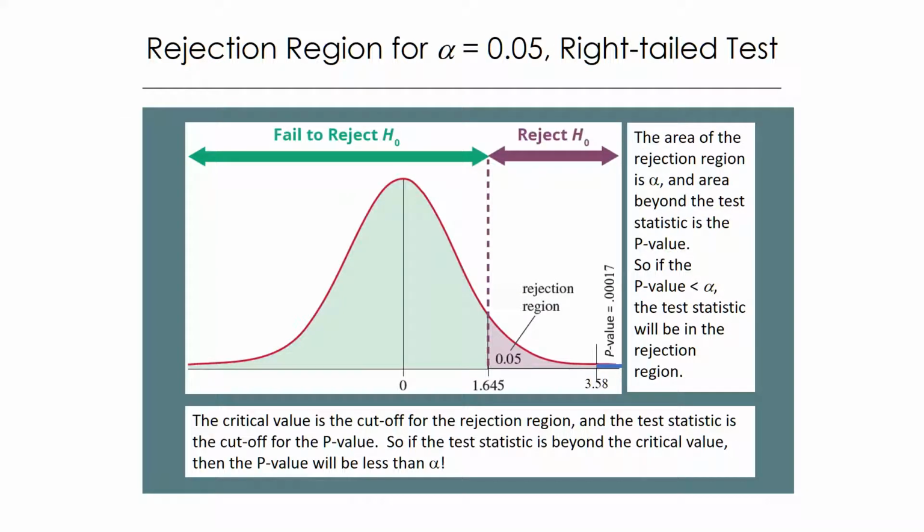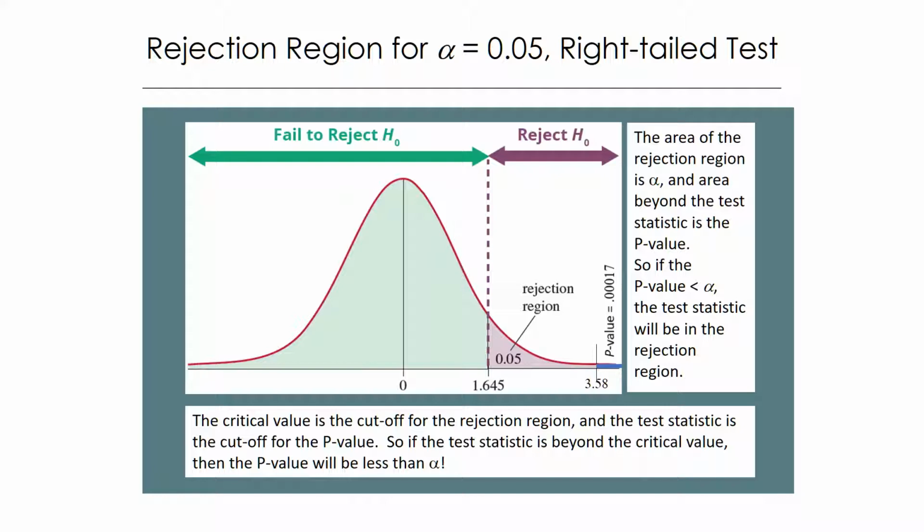Here's a picture showing this rejection region in the case that alpha equals 0.05 and we have a right-tailed test. So here we have 0.05 as the area of the rejection region. The p-value is the area beyond the test statistic.